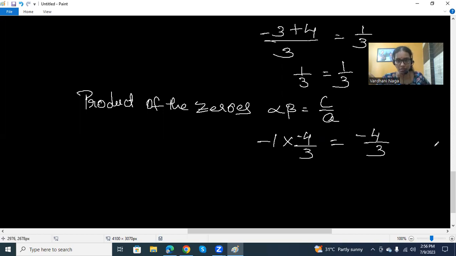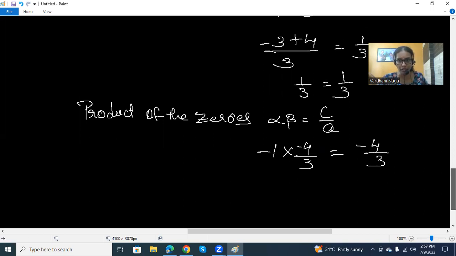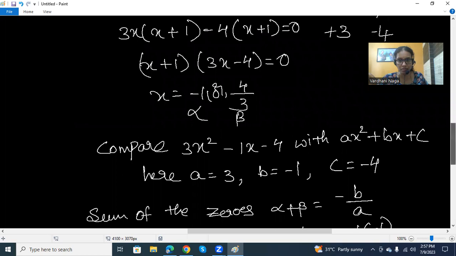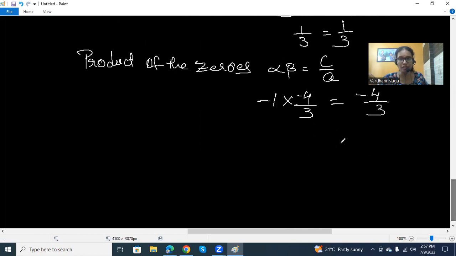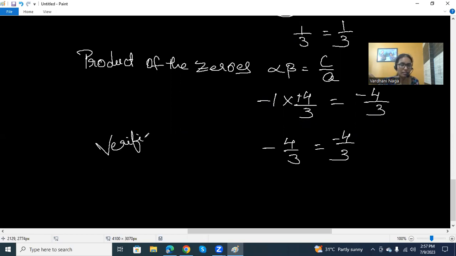Alpha value is -1 and beta value is +4 by 3. Minus into plus, -4 by 3. Here already we got -4 by 3. Both are equal, so hence verified.